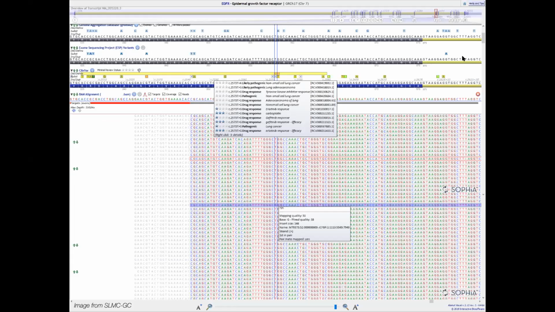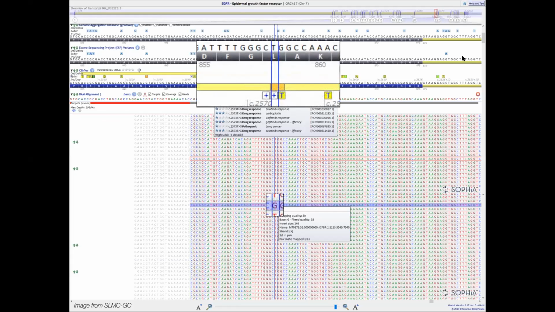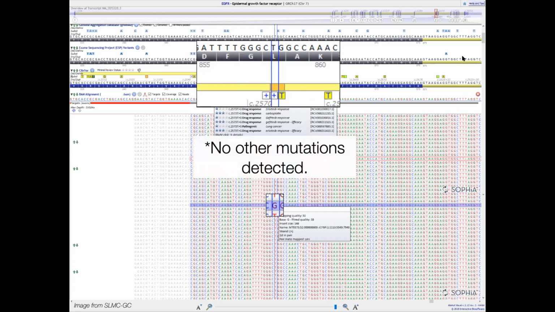And using this software, we also detected the L858R mutation. The L858R mutation is located in exon 21 at position 2573. You can see that there is a point mutation from T to G, which results in a substitution of leucine to arginine at codon 858. No other mutations were detected in this NGS assay.